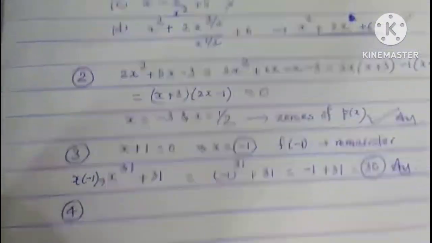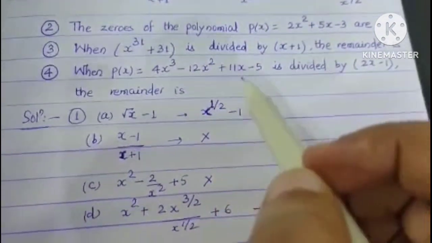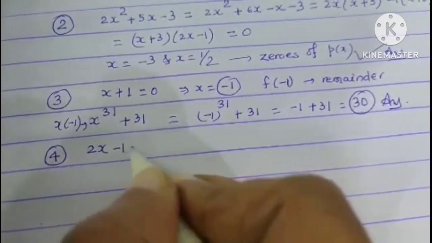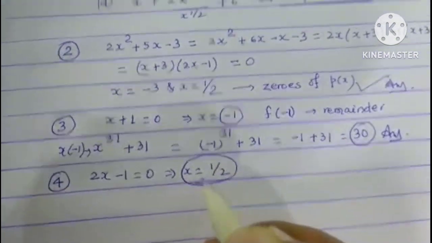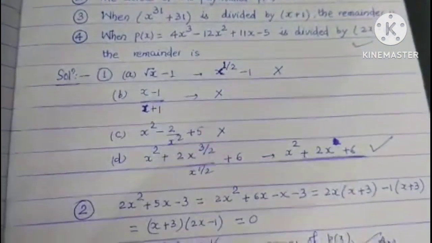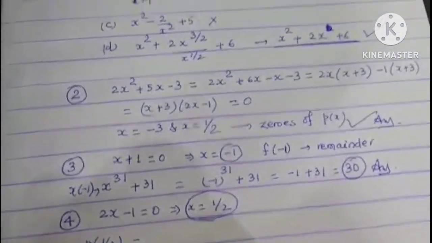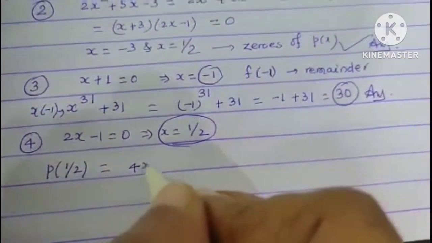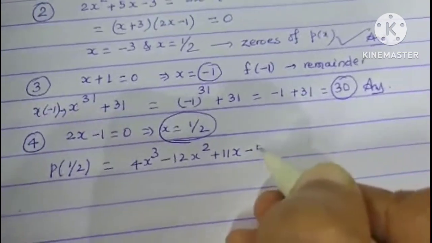Let us see the fourth one. Fourth one is when p(x) is divided by this, the remainder is, the same question. So first of all, make 2x minus 1 equal to 0. This implies x equal to half. Okay. Now this x equal to half, we have to put in this expression. So p(half) will be equal to, first let us write the expression. This is 4x cube minus 12x square plus 11x minus 5.